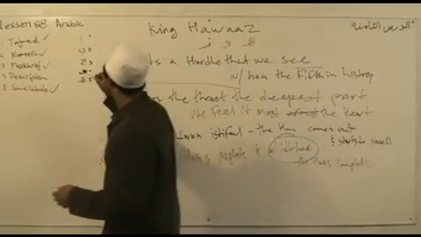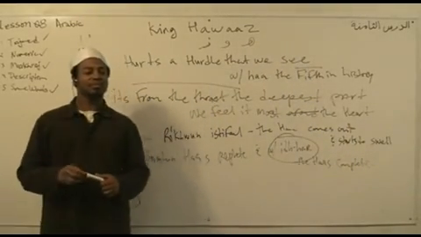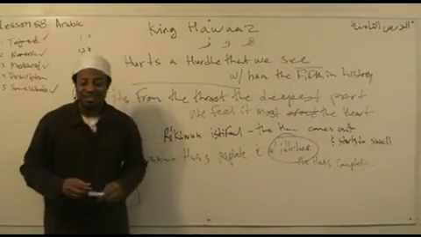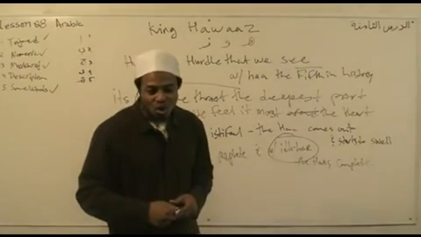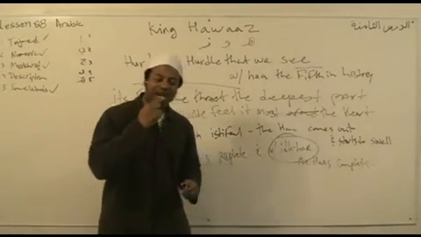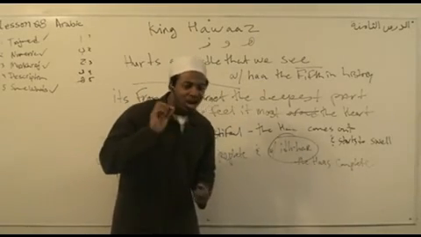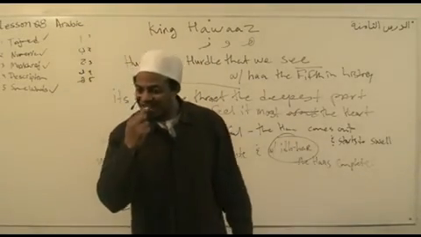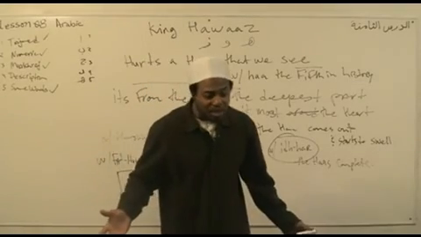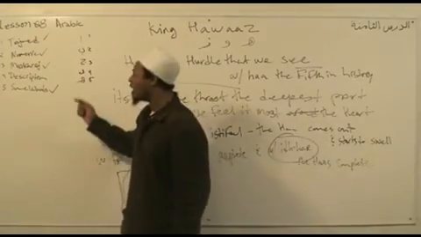What's the makhraj of the dal? Take the tip and upper part of the tongue and press it on your two front teeth and place it on your gums. So the makhraj for the dal is where the two front teeth and the gums meet. Remember, this is very important.